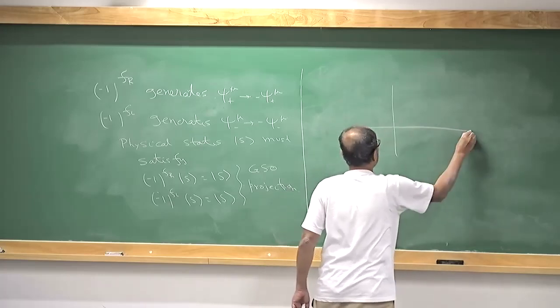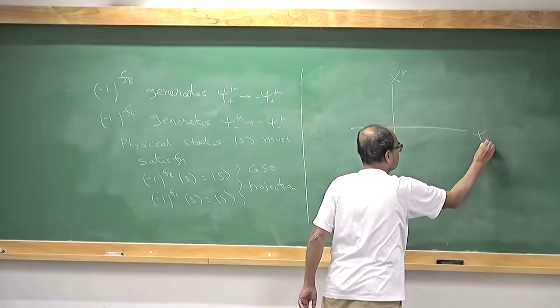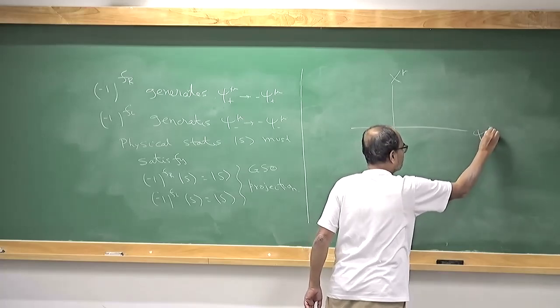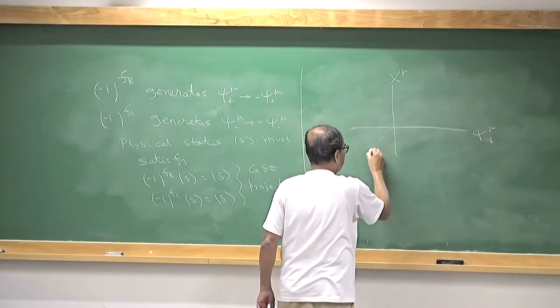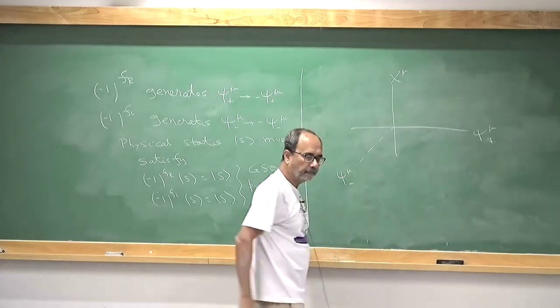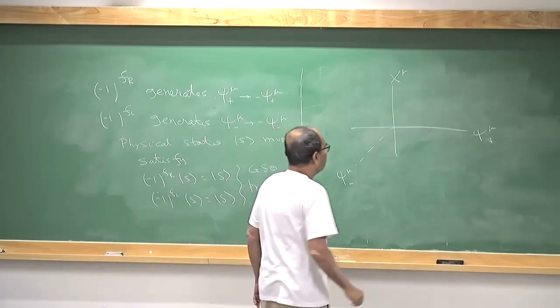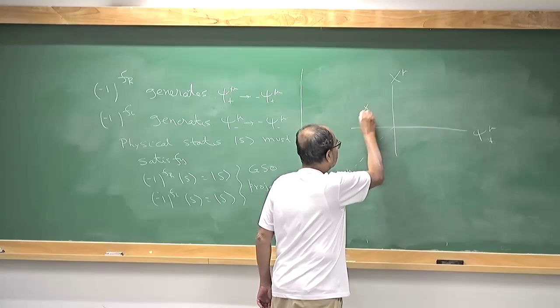So let's draw this: x mu, psi mu plus, and maybe another direction psi mu minus, which we will not worry about right now. Suppose you have a point in this field space.